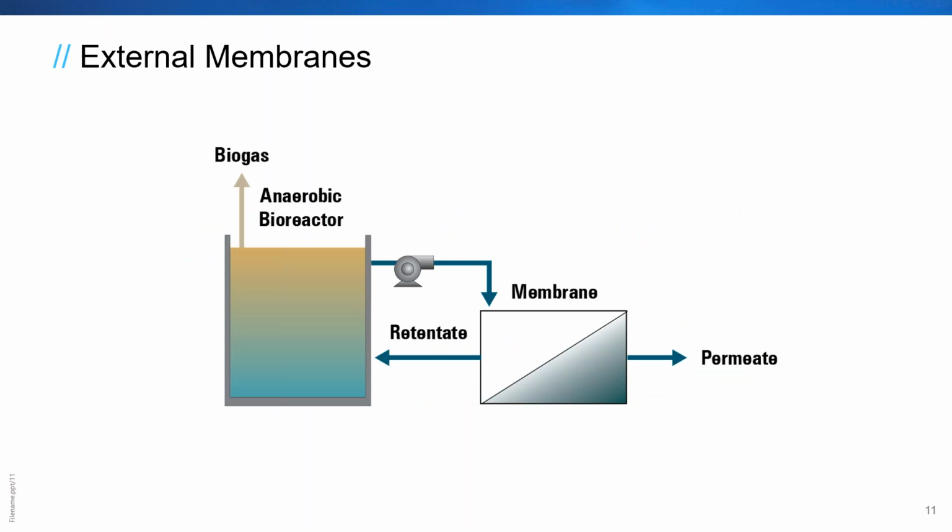This is where you see it sometimes in the lab scale work, where you've got the bioreactor as a tank, and then you're pumping to a tubular membrane or ceramic membrane. That's external, and you're returning that flow back into the tank. It makes it pretty easy for lab style tests or even pilot scale testing, because the modular nature keeps those membranes out of the anaerobic bioreactor, so you can control these things separately.